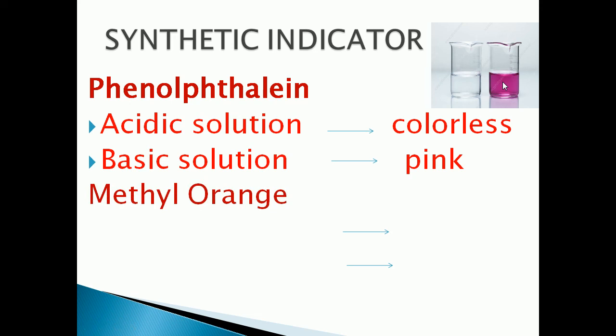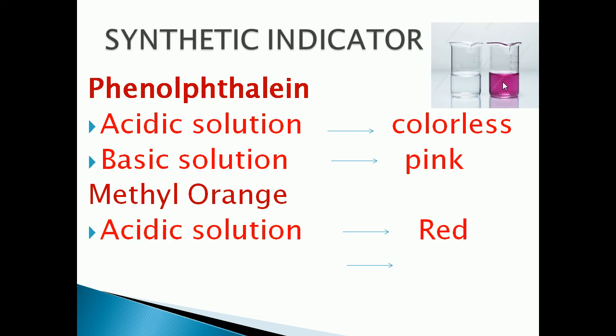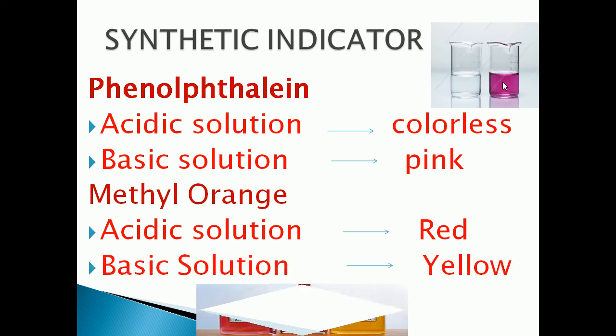Now methyl orange. Methyl orange is another example of synthetic indicator. In acidic solution, methyl orange turns to red color. In this picture you can see the color of the methyl orange, which is red in acidic solution.